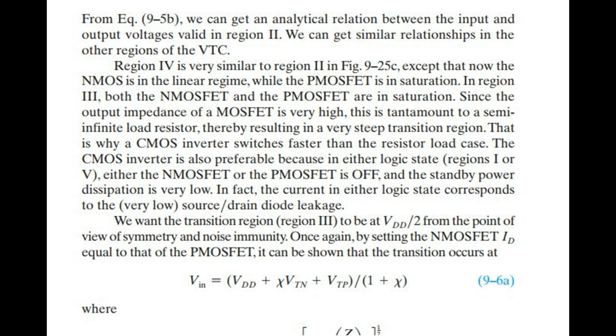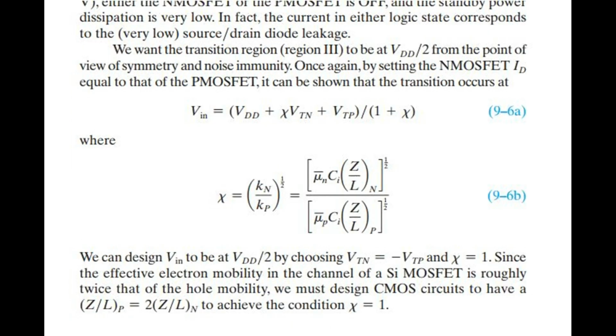We want the transition region, region 3, to be at VDD divided by 2 from the point of view of symmetry and noise immunity. Once again, by setting the NMOSFET ID equal to that of the PMOSFET, it can be shown that the transition occurs at the VIN we can design to be at VDD divided by 2 by choosing VTN equal to VTP and X equal to 1.